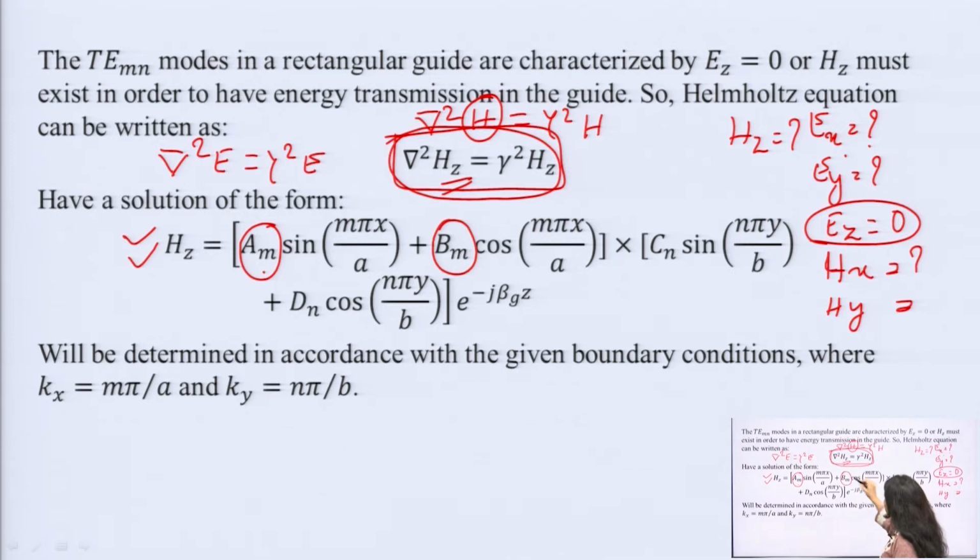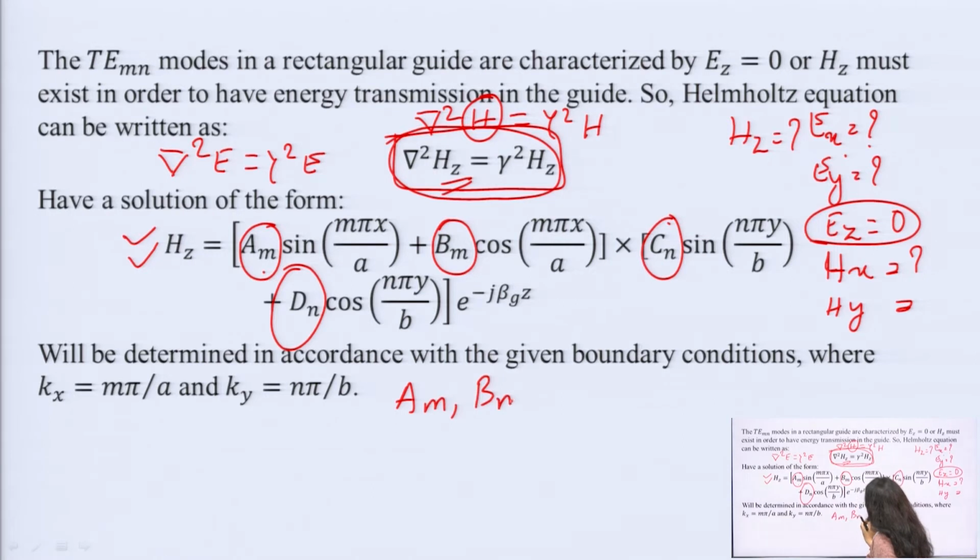These are basically constants which vary as per the boundary conditions. So, what you should always remember is that Am, Bm, Cn and Dn vary as per the boundary conditions.